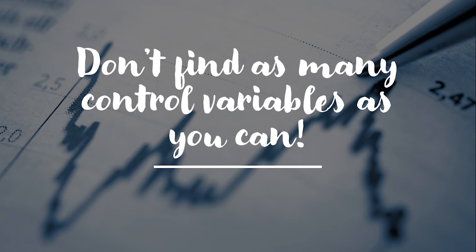First, determine your control variable correctly. In order to determine your control variable correctly, you have to understand how your equipment works. If temperature increases or decreases, what will happen to the pressure?